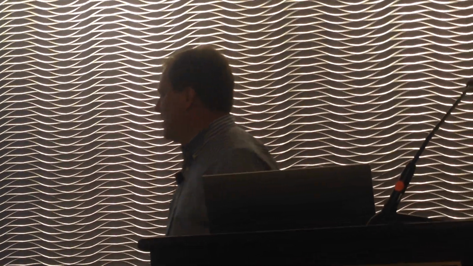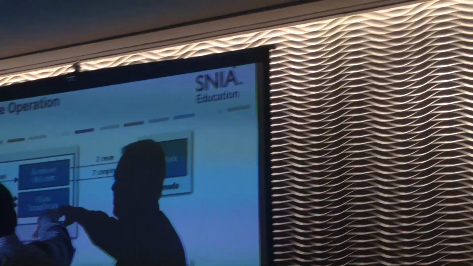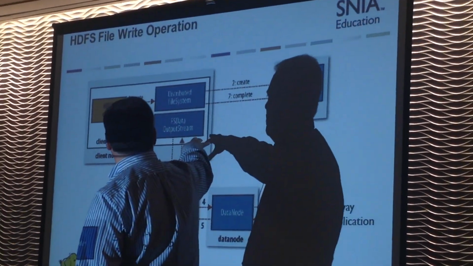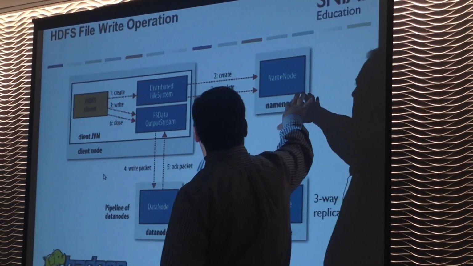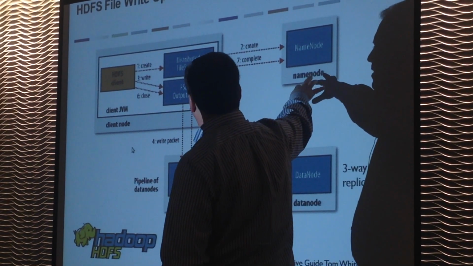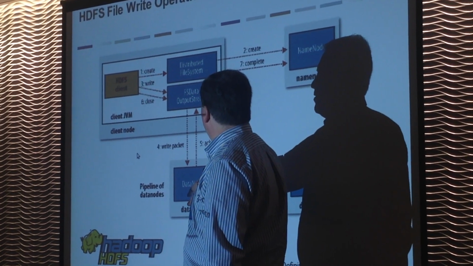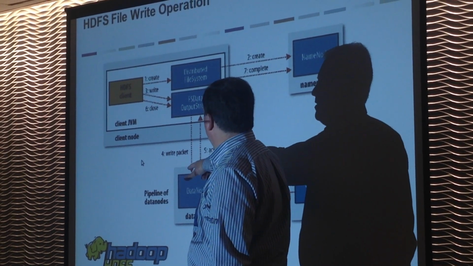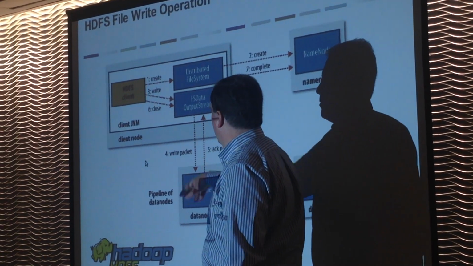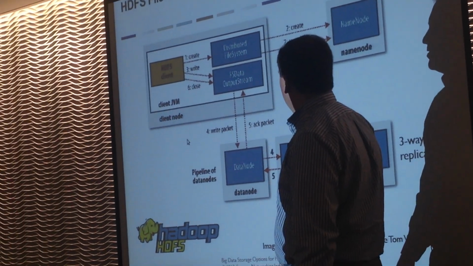Okay, so let me just keep going with this. If I'm doing an HDFS, I'm going to create a file. I'll figure out where the pieces should be by talking to the name node. I'll actually use an output stream, which is part of Java, to actually write it.